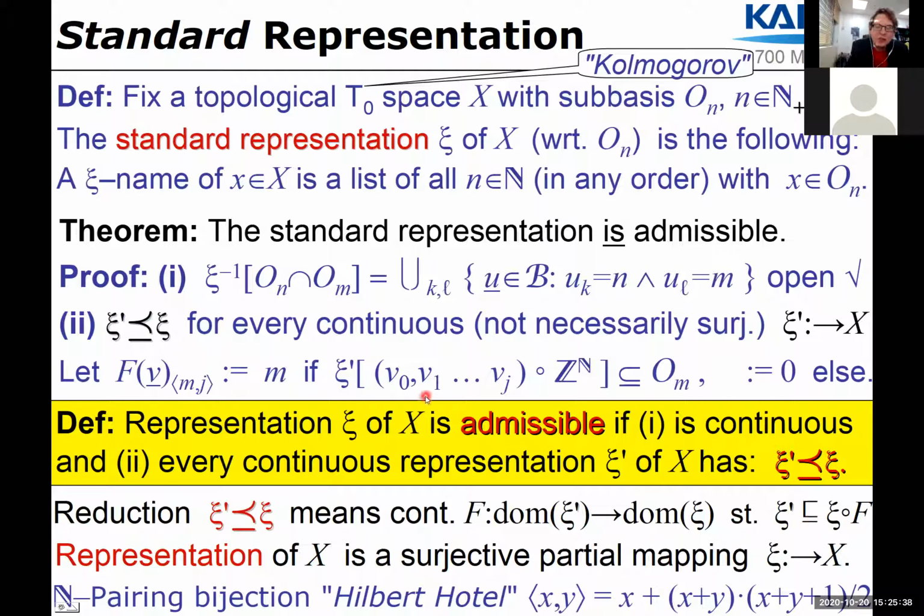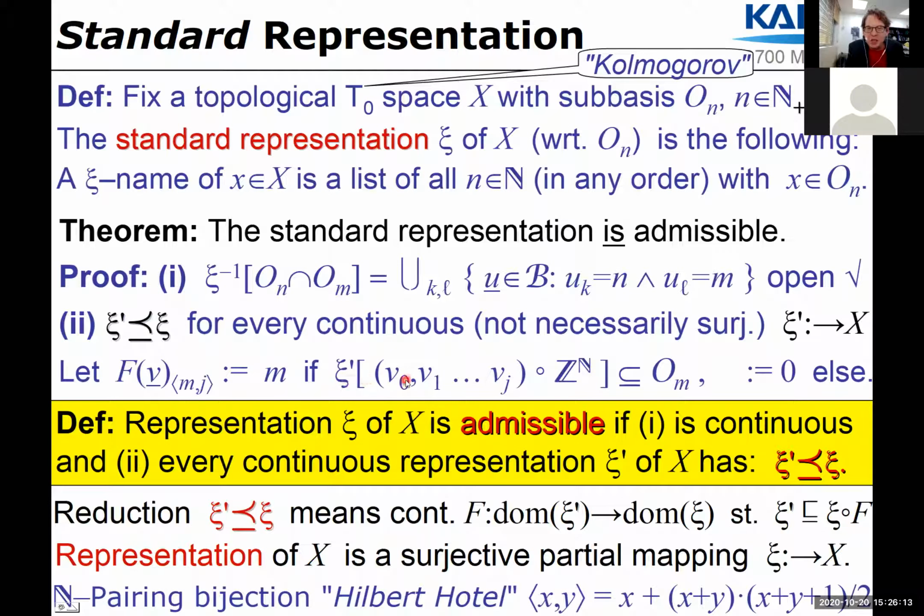So we also need to check that this f translates psi prime names v to psi names u of the same element. And now why is that? So what do we need to output? According to our definition of Xi, we need to output a list of all indices M that contain the element X under consideration. So let us consider Xi prime of V, right?